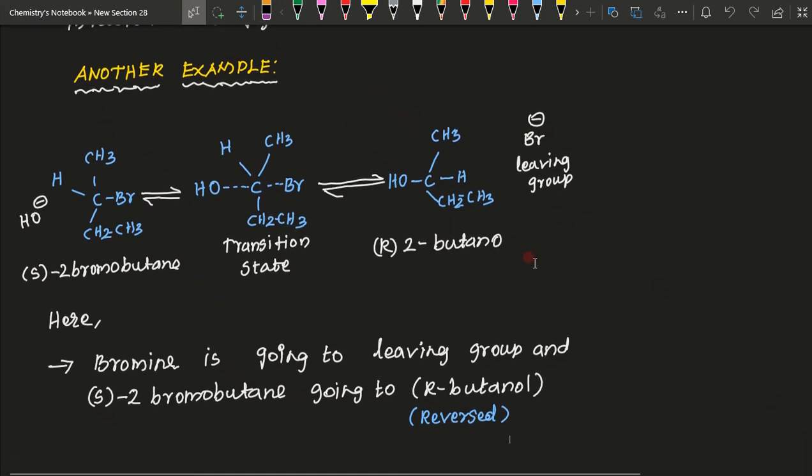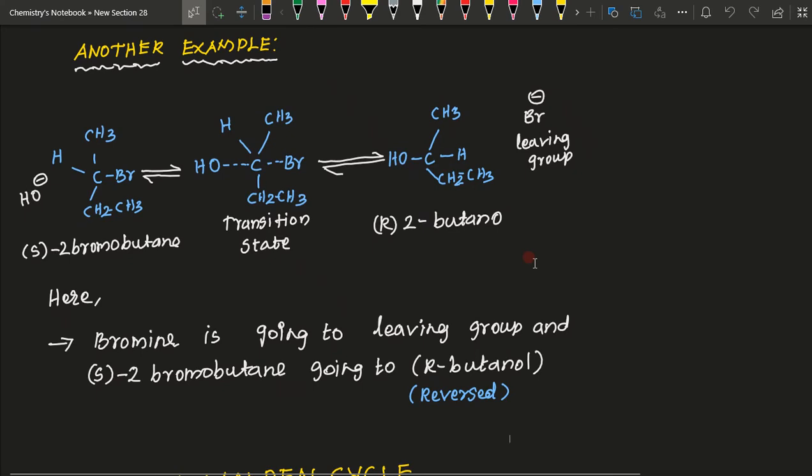Here bromine is the leaving group and S-2-bromobutane is going to R-butanol. This is NaOH, sorry, I written it mistakenly. This is R-butanol. This is S-bromobutane. This is the transition state.